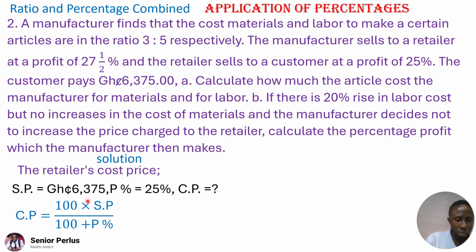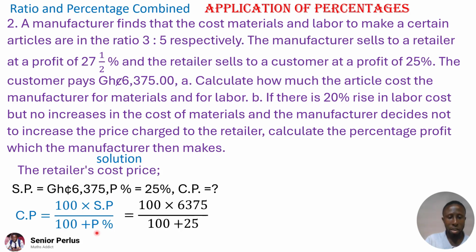Since we know the selling price and the profit percent, we can solve for the cost price, which is this. So now the cost price for the retailer is 5,100 Ghana cedi.